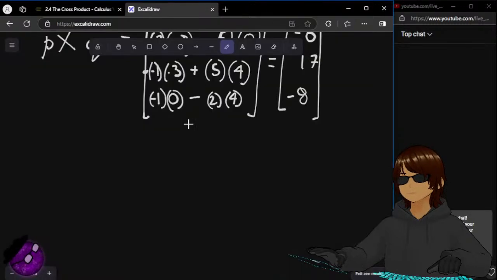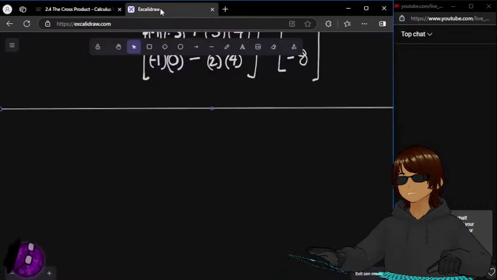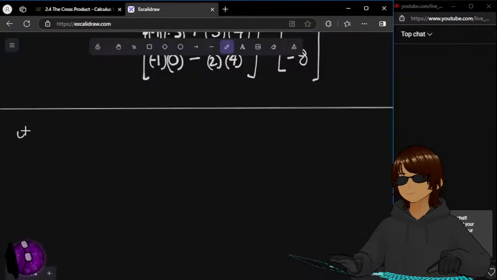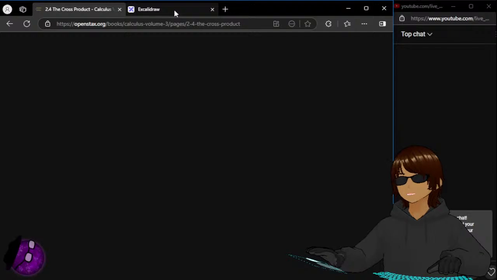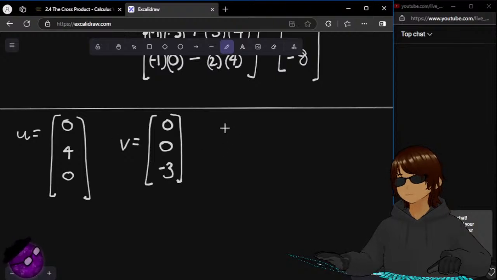So we have 0, 0, minus 3. Then we have the magnitude of u is the root of 4 squared, which is just 4.